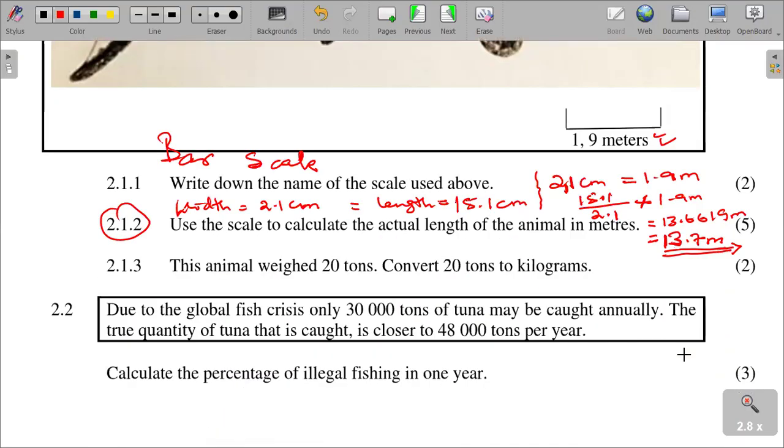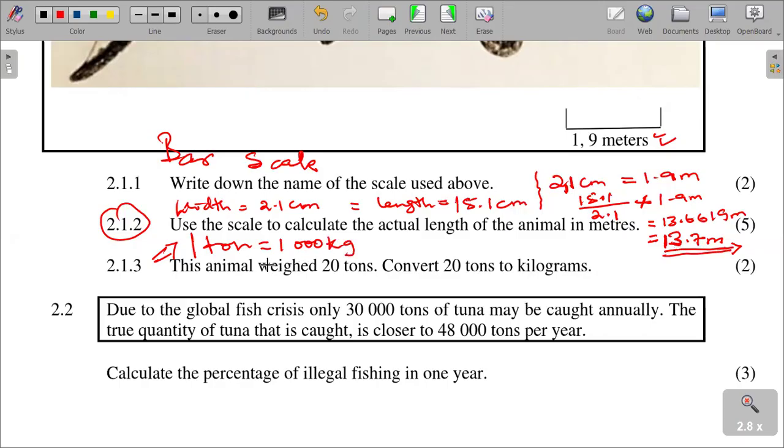The animal weighs 20 tons, convert 20 tons to kilograms. You should understand that 1 ton is equal to 1,000 kilograms.